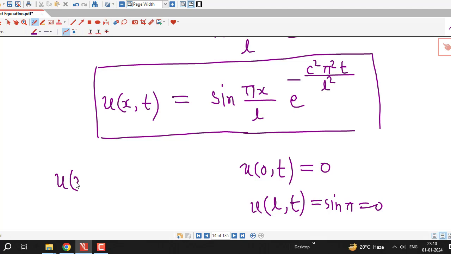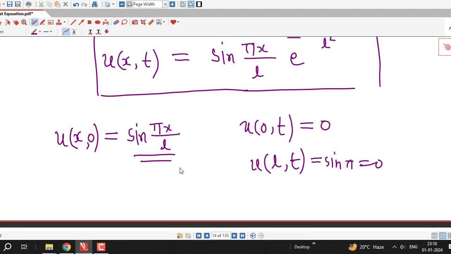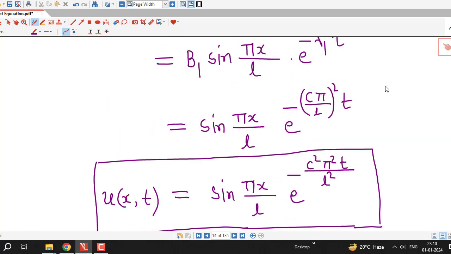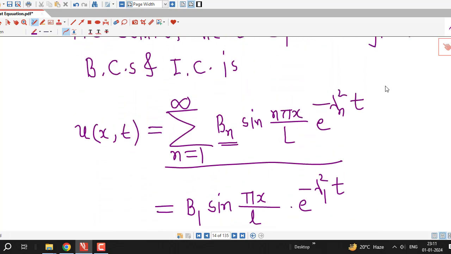If I take t equal to 0, then I will have sine pi x by L into e raised to 0, that is 1. So we obtain u(x,0) equal to sine pi x by L, that was our initial condition. So this is the correct solution of the given problem.